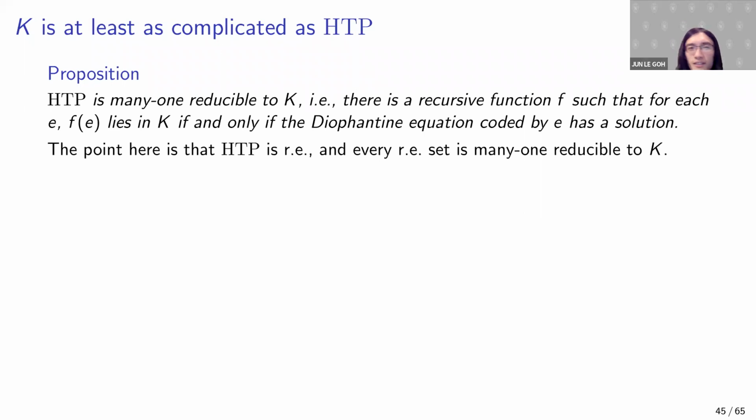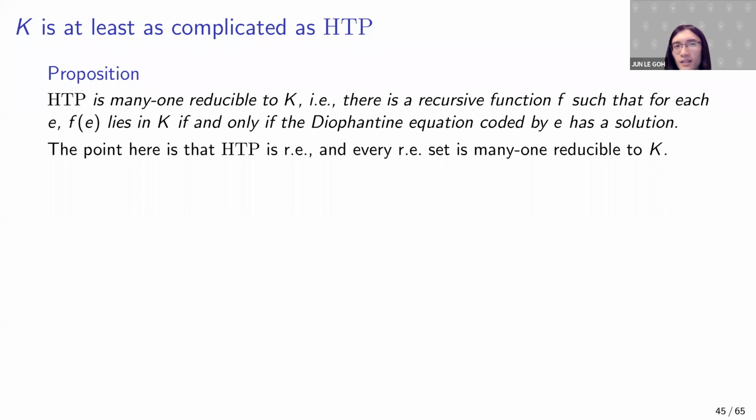The way to think about this, at least the way I think about this, is that the point is that HTP is recursively enumerable. That's something that we haven't said yet, but it's actually quite easy to show. And every recursively enumerable set is many-one reducible to K. So K is kind of complete in this sense.